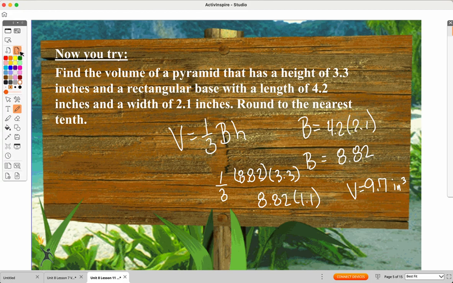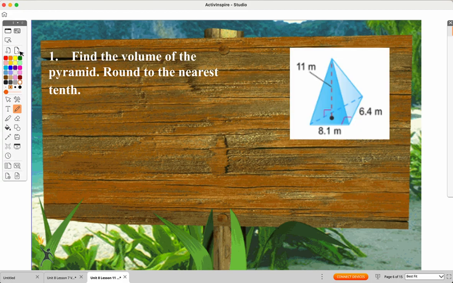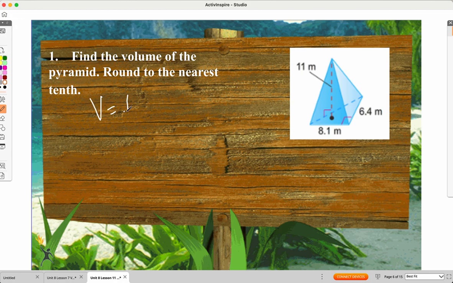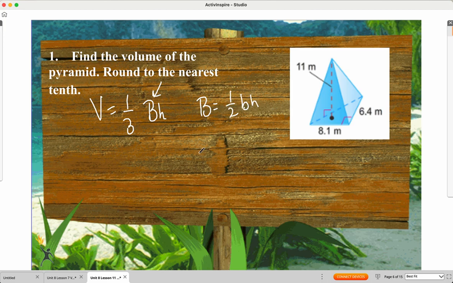All right, let's try another one. This time, let's take a look at one with a triangular base. That doesn't change my formula, the volume is 1/3 of big BH, but it changes big B. So now big B is no longer base times height, it's 1/2 of little bh. So big B is 1/2 times 6 4/10 times 8 1/10.